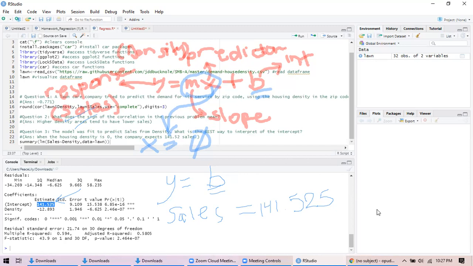So this y-intercept means, what did we do though? We did two things, right?